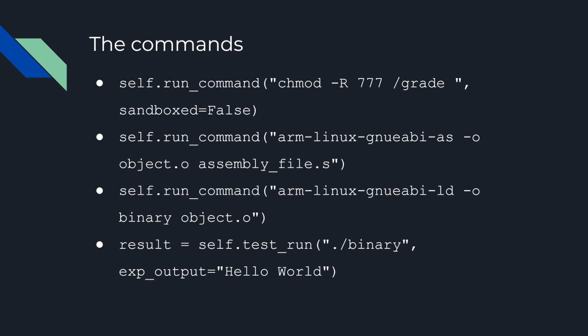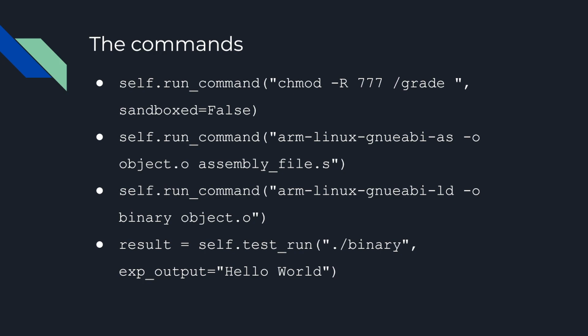I couldn't find another way to do this. There might be a better way, but when you call this self.run command API call, it runs it as a non-privileged user, which can have all sorts of problems when you're trying to execute binaries, which is what we're doing. So the first command does that.